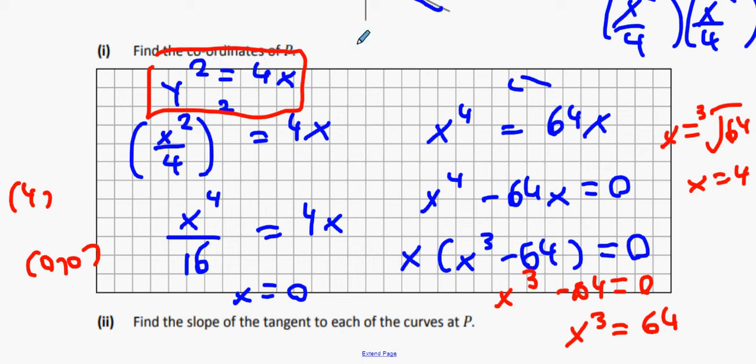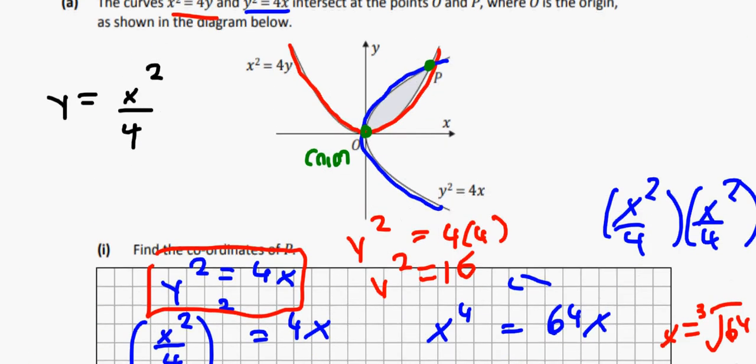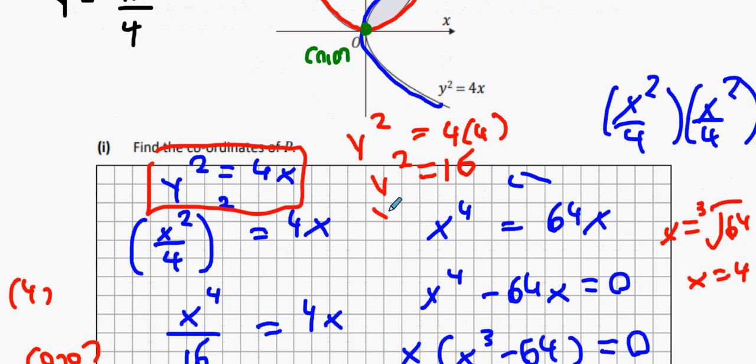So y squared equals 4 times 4. Y squared equals 16. Now please remember that it's in the first quadrant. So this means that y will equal 4, because you don't want it to be negative, because it's in the first quadrant. So the coordinates of P are 4, 4. So that's P right there, and it's 4, 4.